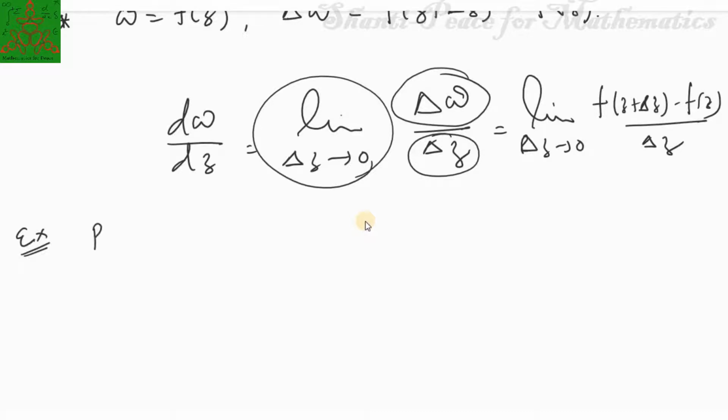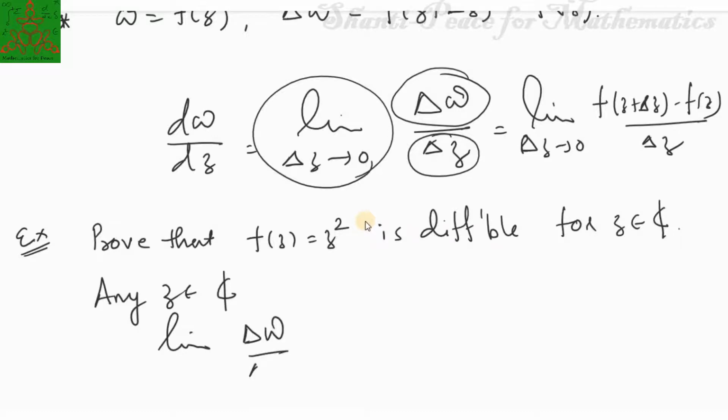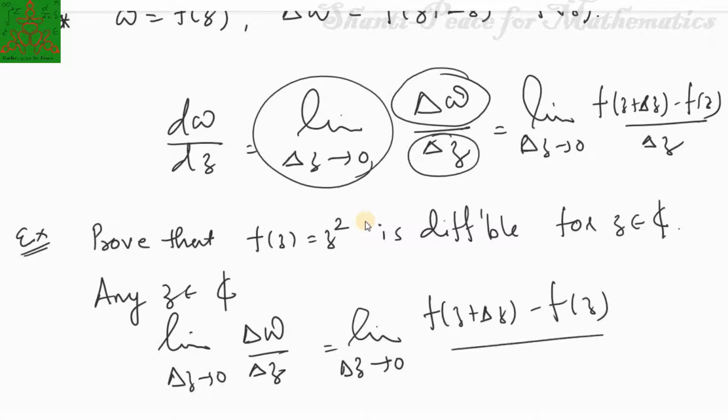The first one is: prove that f of z equal to z square is differentiable for every z in C, for every complex number. As per the definition, for any z in C, what is the limit of delta w upon delta z as delta z tends to 0? As per the definition, this is limit delta z tends to 0, f of z plus delta z minus f of z upon delta z, and f of z is z square.